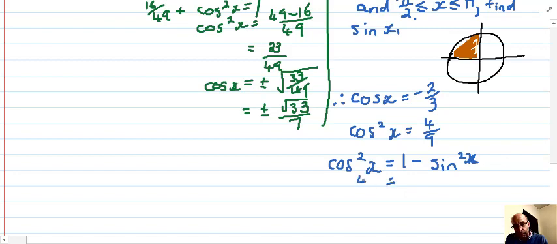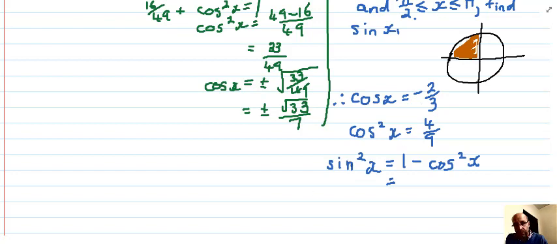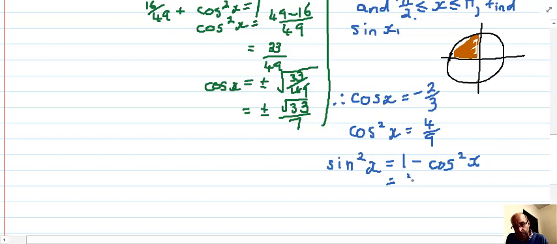And 4/9. Oh, I've rearranged it wrong. That's better. Okay, so we have 1 minus 4/9, which is 5/9. So sine squared x is 5/9. So sine x would be the square root of that, which is root 5 over 3, plus or minus.